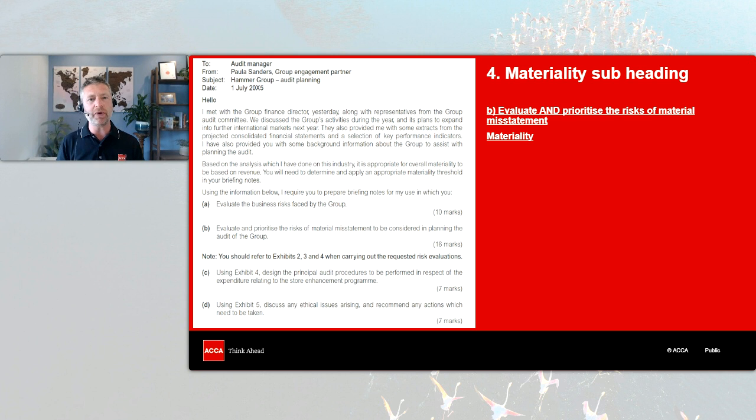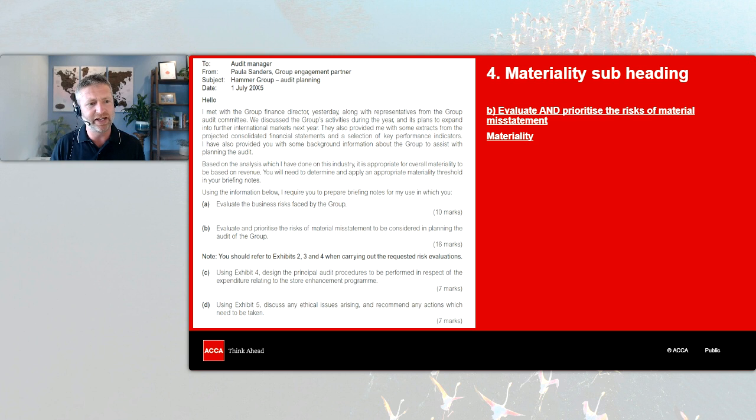So to earn the marks for your materiality paragraph, and there are, wait for it, 3 technical marks for this materiality paragraph. 3 really easy marks, right? Got to make sure you earn them. So the first thing you have to do is you calculate materiality based on whatever measure the partner has told you.